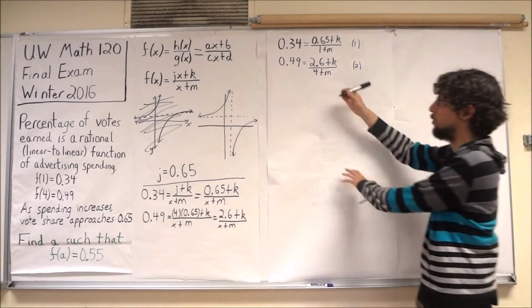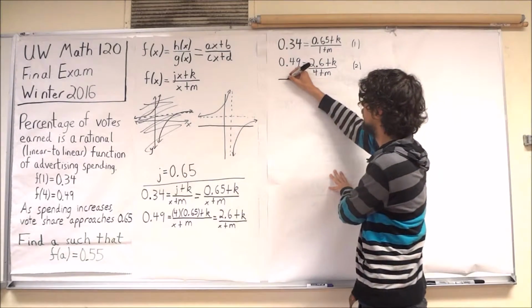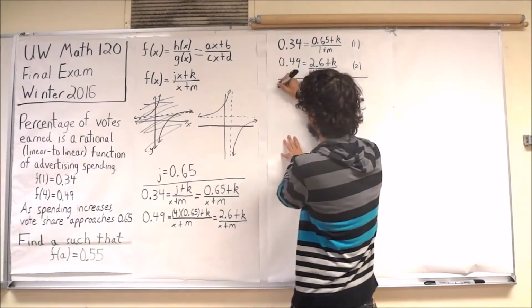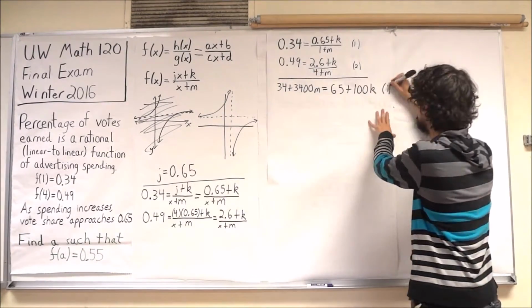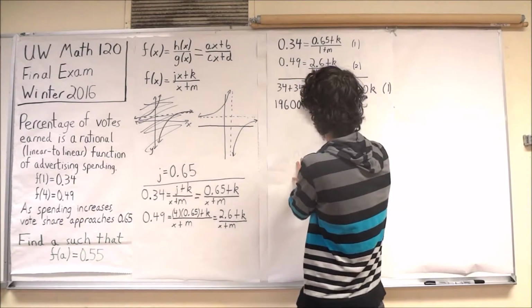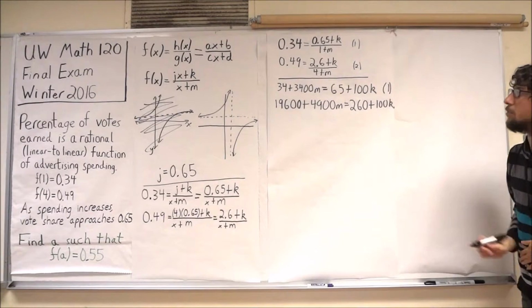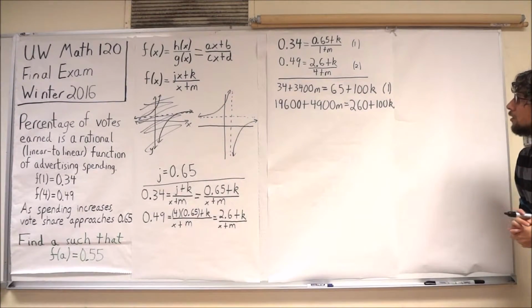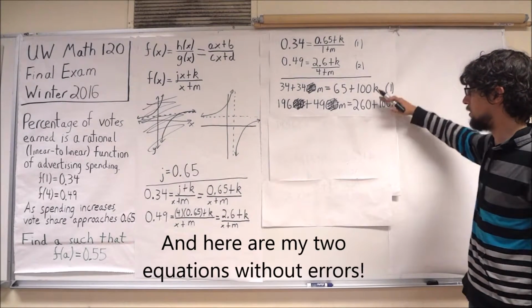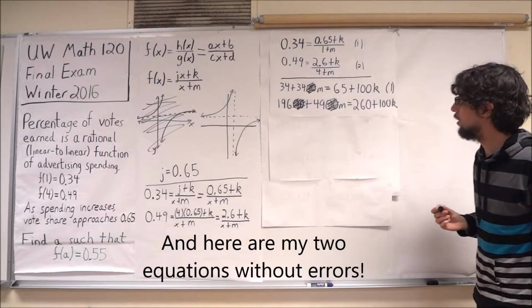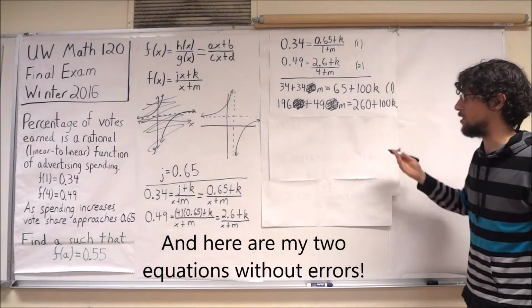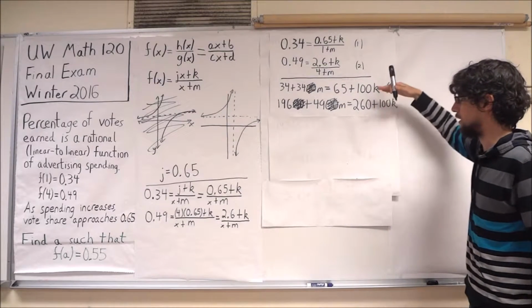So I'll rewrite my two equations after that change. So here's my equation 1 and my equation 2. Now, I will solve this with elimination, and I'll do the same thing I did before, just subtracting.